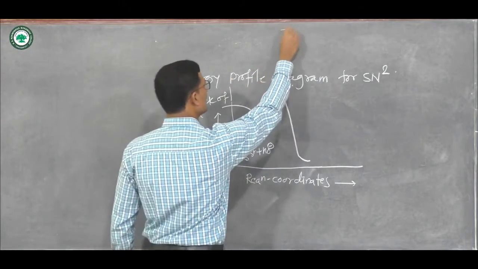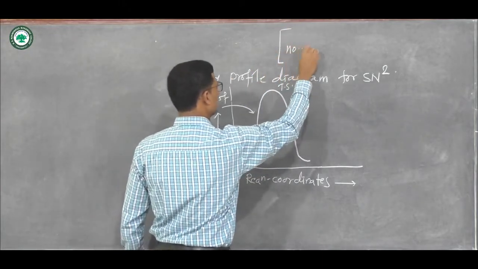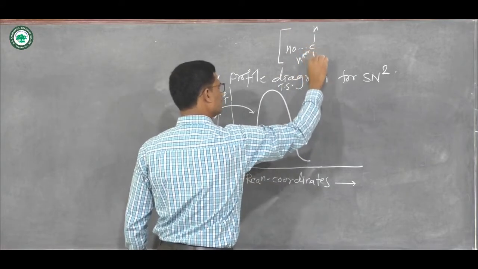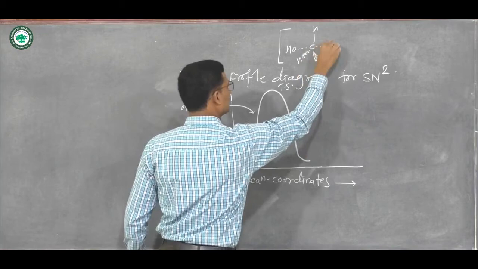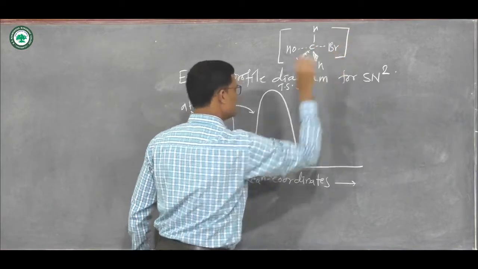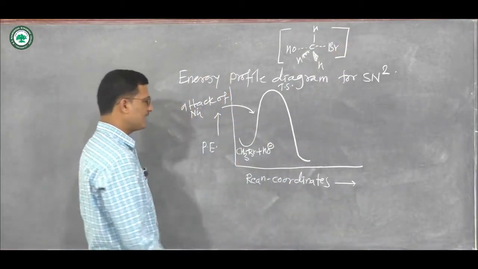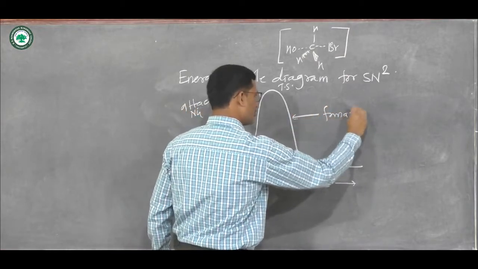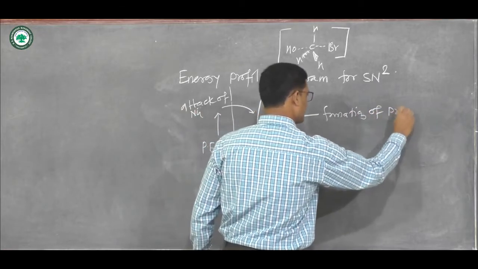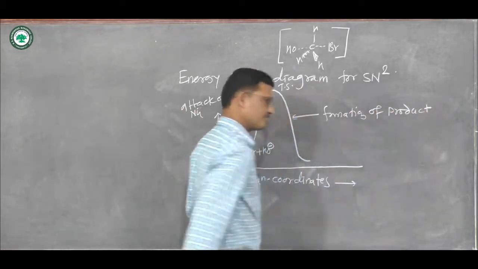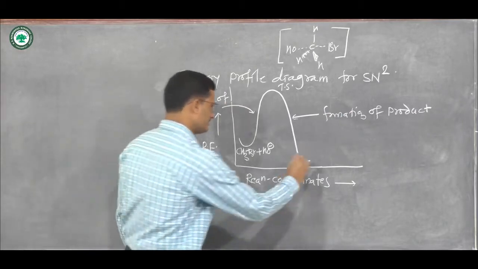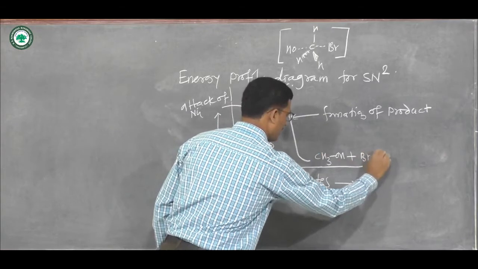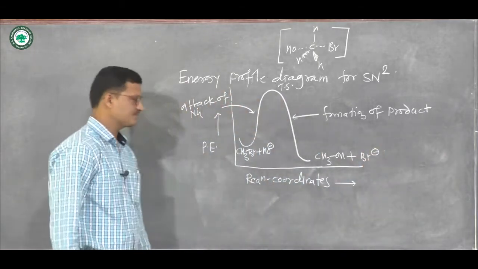And we already know how to write the transition state this way. This is the transition state, and then there is formation of the product. What is your product? Methyl alcohol and Br minus.